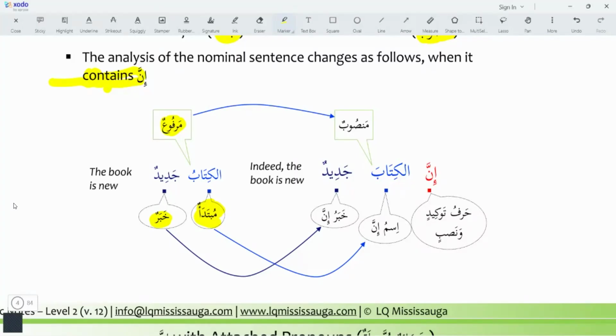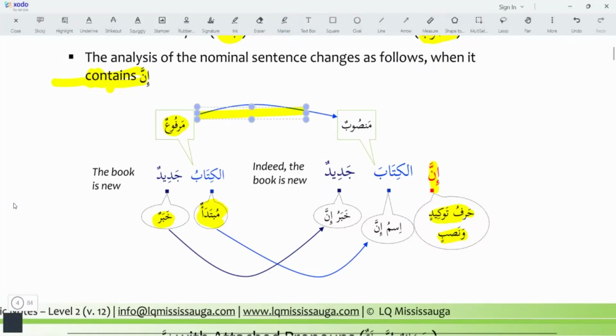When we use inna, harfu tawqid wa nasab, al-kitaba. This marfu changes into the mansub.